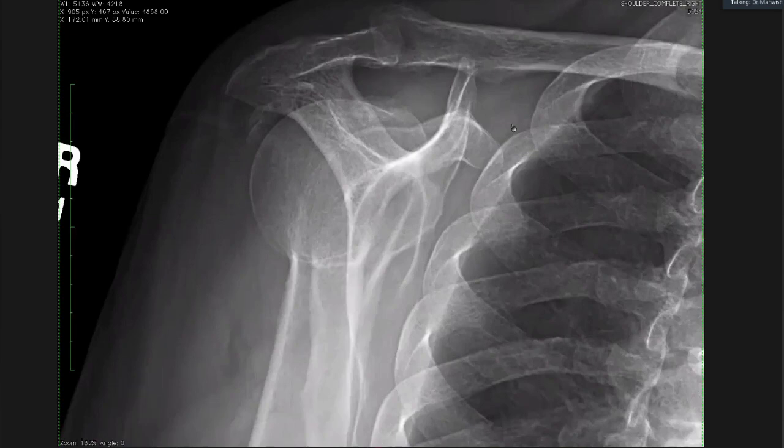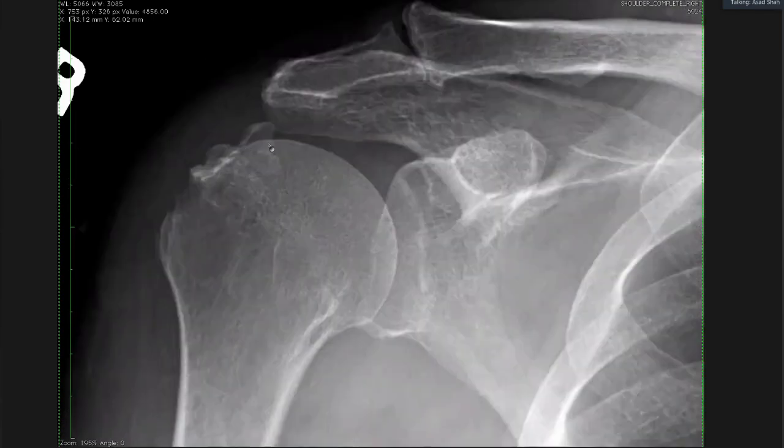The fragment that was previously seen was apart from the scapula. Let's go back to that. All of you can see that this is a well-corticated bone fragment.